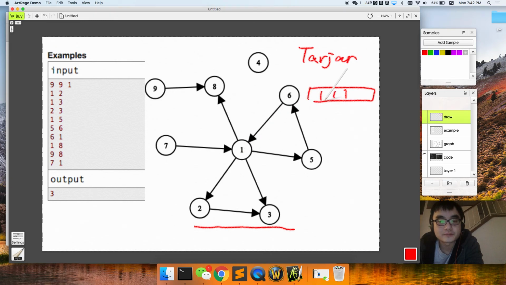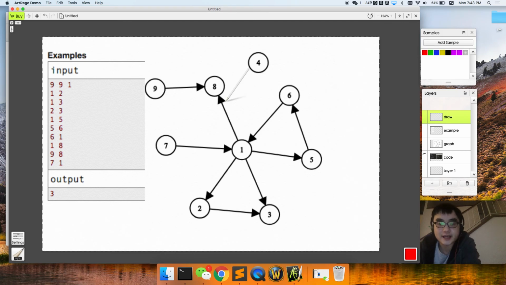For example, for this graph, node 1's SCC index is 1, and node 5's SCC index is also 1, right? And the same for node 6, its SCC index is also 1, right?